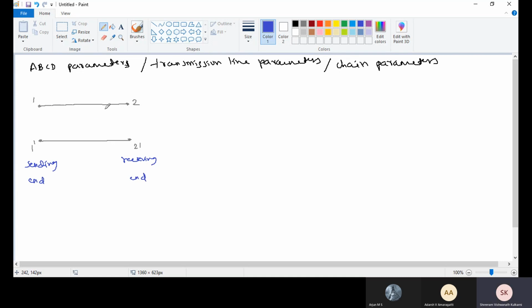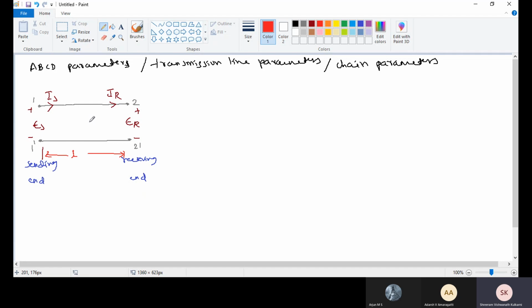Here I am going to mark sending end voltage as ES, receiving end voltage as ER, plus minus. Sending end current as IS, receiving end current as IR. And this line, that is L. This is my line.